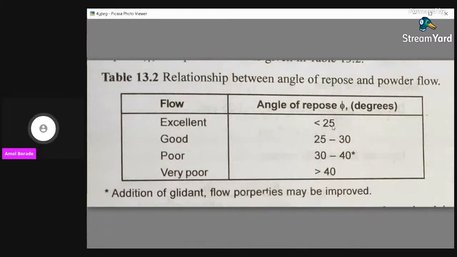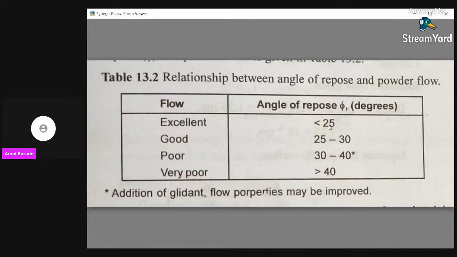If it is lesser than 25, if it is 20, 15, we can say that all the granules have slid over one another very nicely, so they are not obstructing one another, and the flow of powder is excellent.